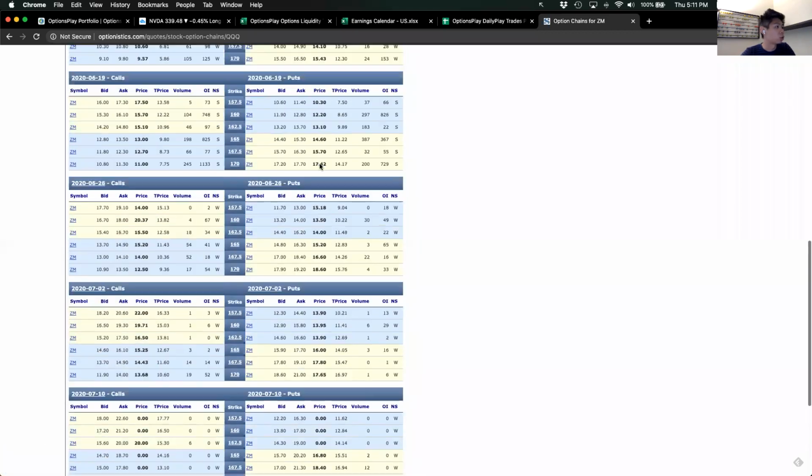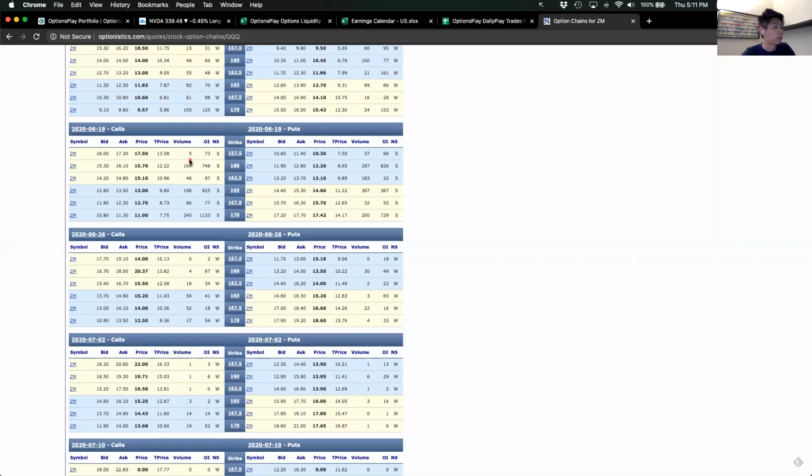But if you look at the June monthly options, there are thousands of contracts available in terms of open interest. And the question I get from users a lot is, I'm trying to buy this call option, I want to buy the 162.5 calls on Zoom, but the open interest is so low. How do I place this trade?